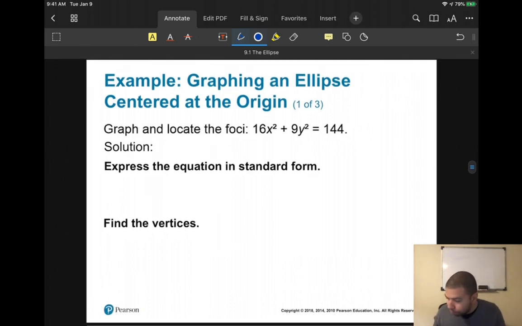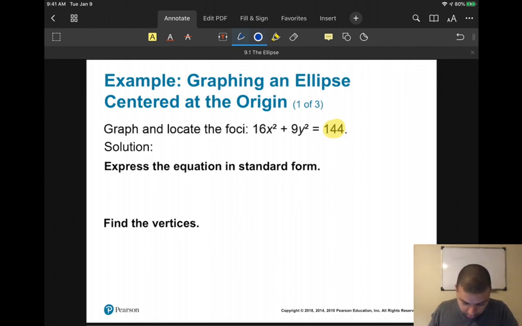Here's an example. Let's graph and locate the foci of this ellipse here. So we want to write this equation in standard form. If you remember, the standard form has a 1 on the other side, so this should be a 1, not 144. So what I do is I divide both sides by 144 to make this work.